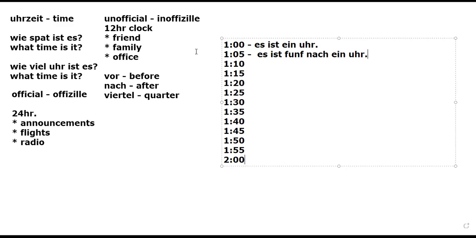You have to say after when you find 5 minutes, 10 minutes past the hour. So every time you have to use nach. In English, we can understand it like this: it is 5 after 1, 10 after 1. Get it? So next one you have to say. Try.